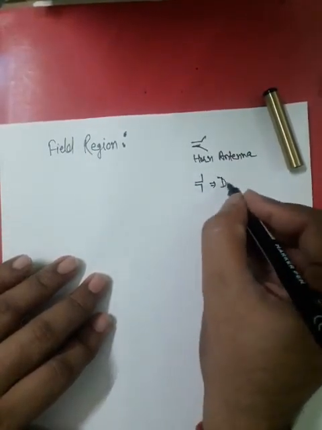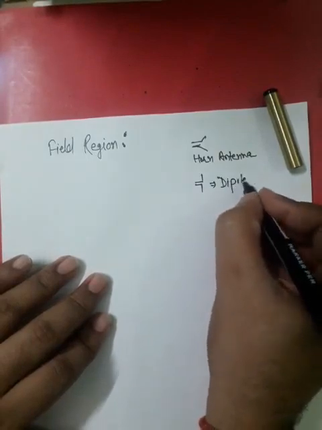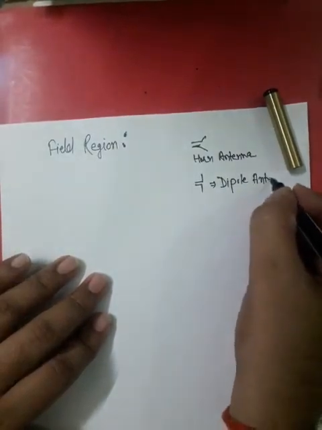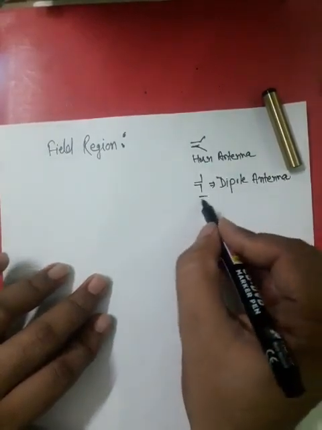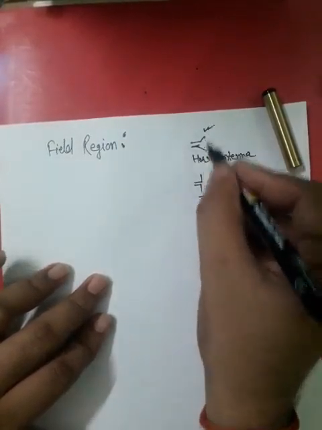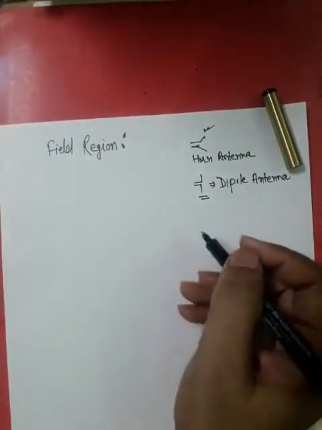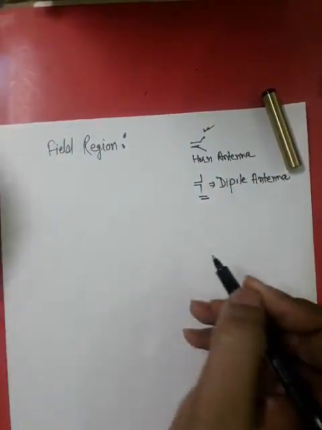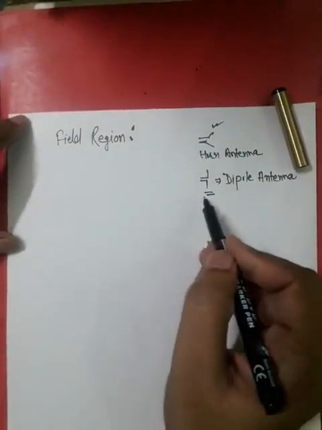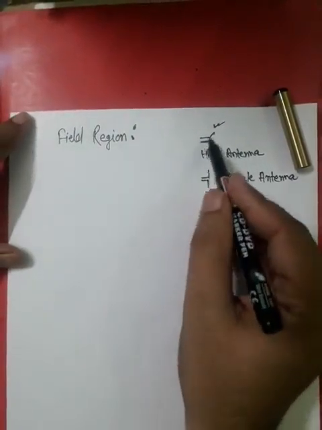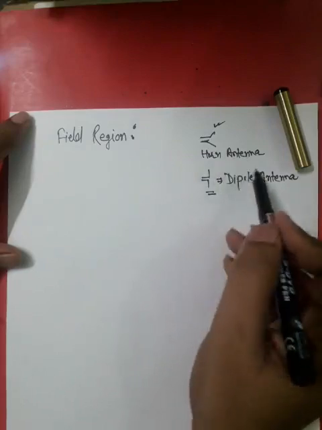This is for dipole antenna. So we will look this dipole antenna and horn antenna in detail, but after some lectures. So I will just hope that you are not confused about these symbols. So I have just made these symbols.